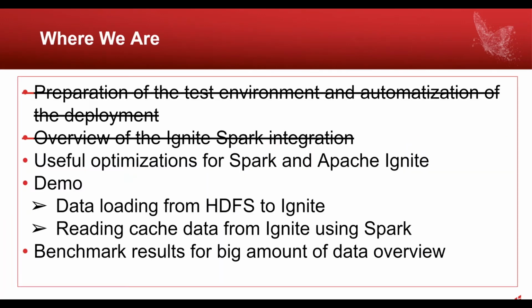Okay, so we have finished with a review of the environments that we use, and we investigated the APIs that we have in Apache Ignite. So right now we can take a look a little bit at possible optimizations that can be used for Spark and Apache Ignite.